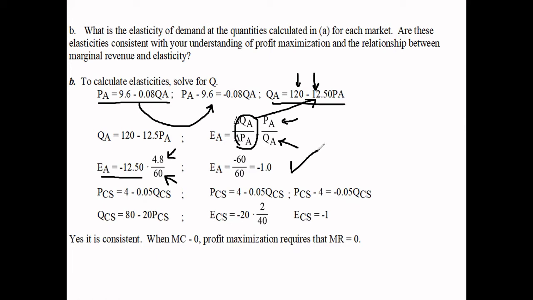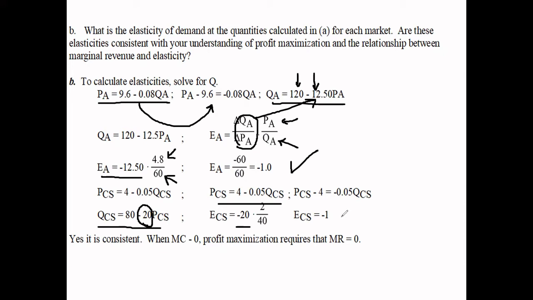I can do the same for the price of the children. We are going to recall the equation and do the inverse, getting the quantity on one side. So it will be 80 minus 20 PC. So this 20, which represents negative 20, is my slope. And I have 2 over 40, which are the price and the number of units.